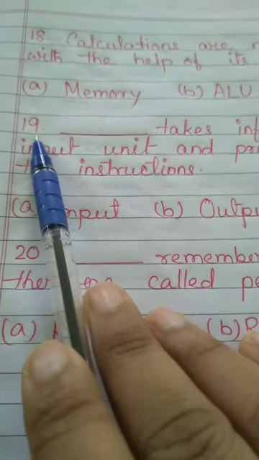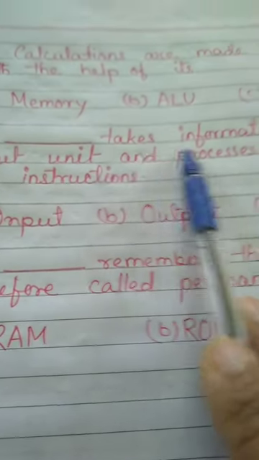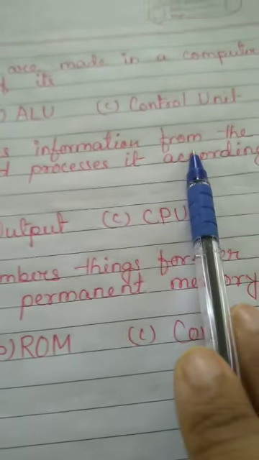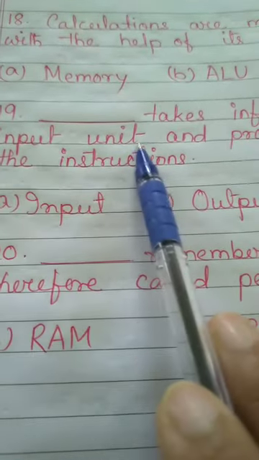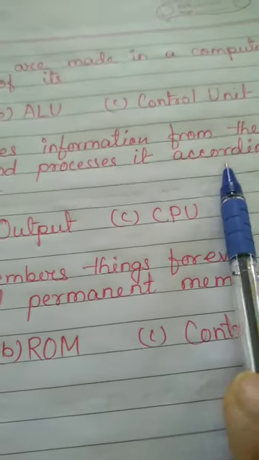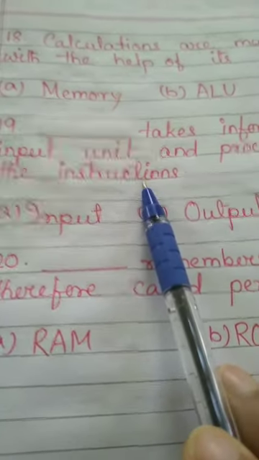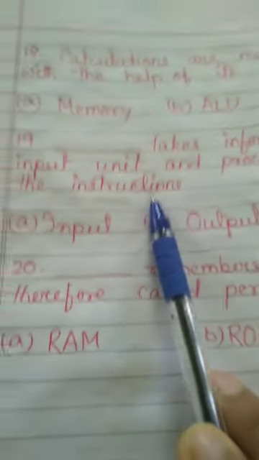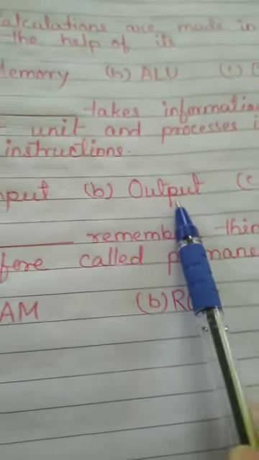Moving to the next question. Question number 19. Dash takes information from the input unit and processes it according to the instructions. Option A, input. Option B, output.